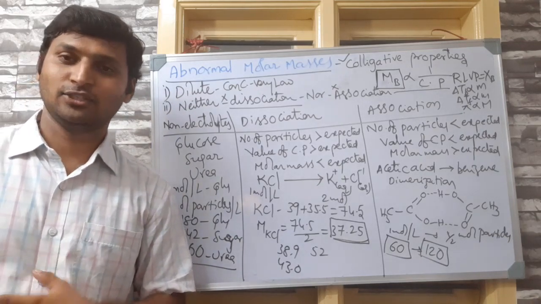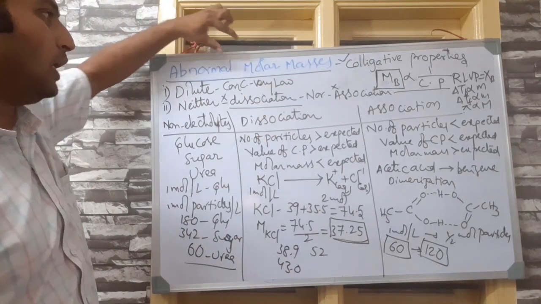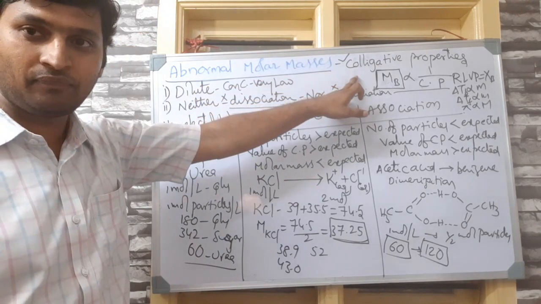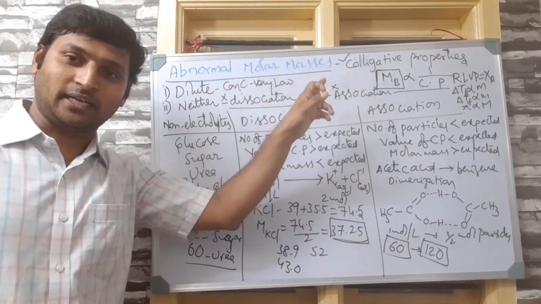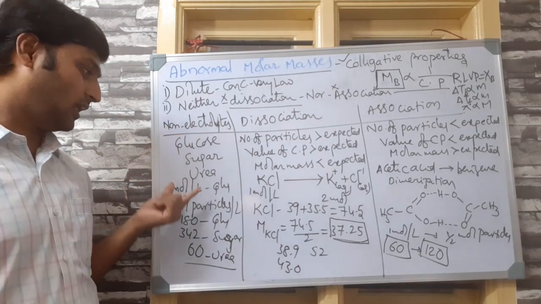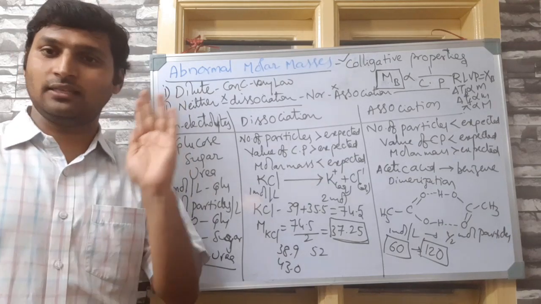Is that clear? So to conclude, molecular masses determined from colligative properties method will come as expected, that is normal molecular masses, if the solute is non-electrolyte, neither undergoes association nor undergoes dissociation in the solvent.